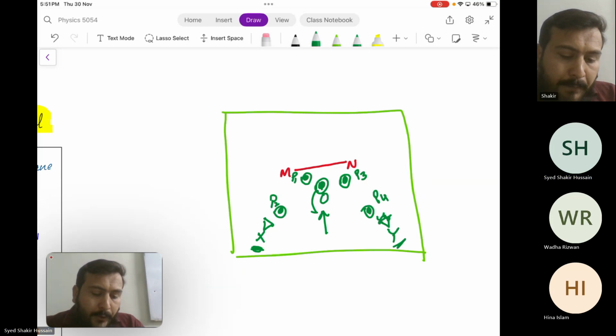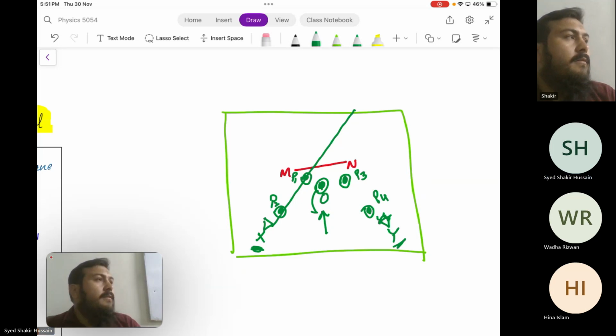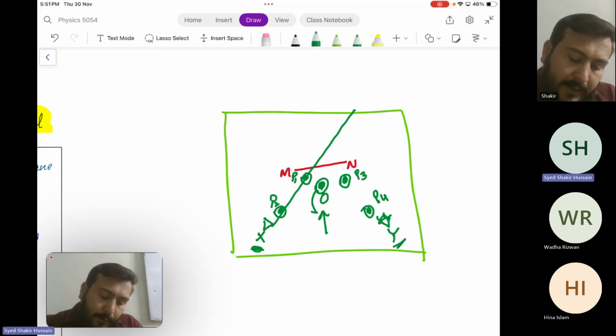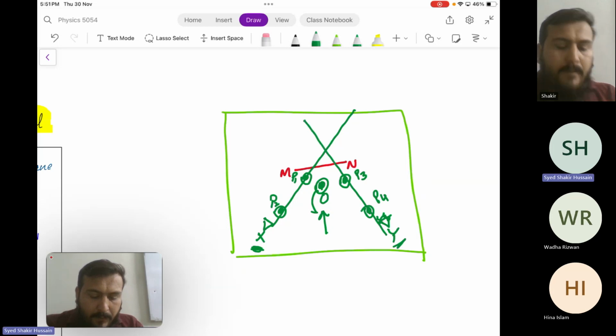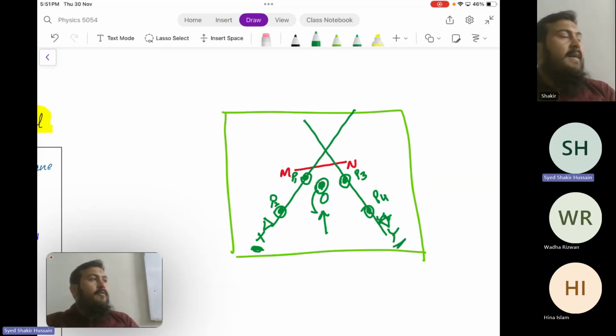What would you do? Pick a scale and join P1 and P2 and extend your line. What would you do next? Pick your scale and join P3 and P4 and extend the line.